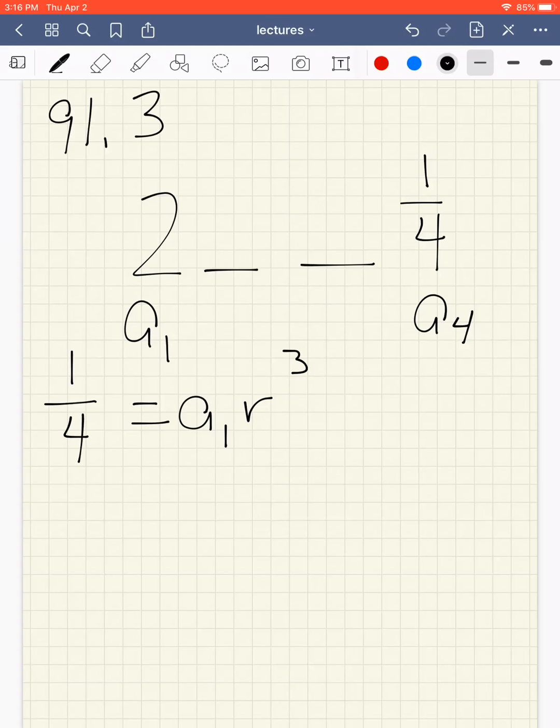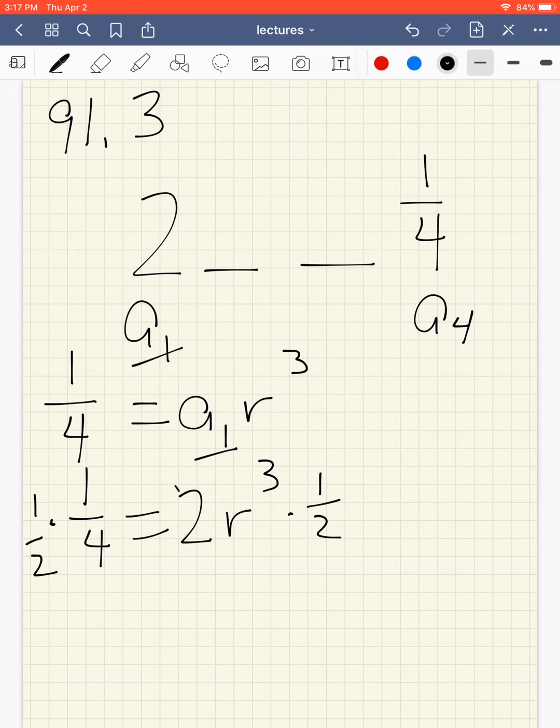And we also know that A1 is equal to 2. So 1/4 is equal to 2r cubed. Divide both sides by 2, which means the same as multiply by 1/2. So r cubed is equal to 1/8.